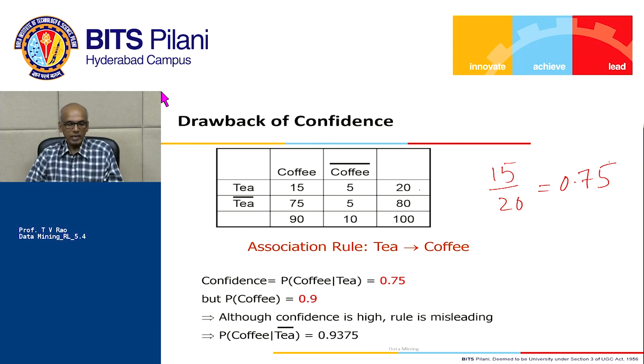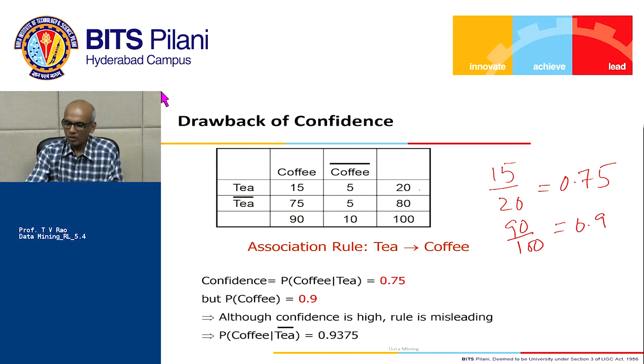So that looks pretty high. But if you look at the number of people who are taking coffee among the total population, which is 90 by 100, the probability of a person taking coffee is 0.9. So compared to this 0.9, 0.75 is actually low. Because of that, this rule is misleading.